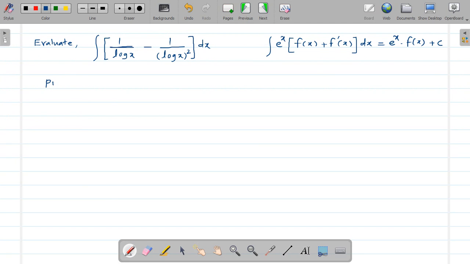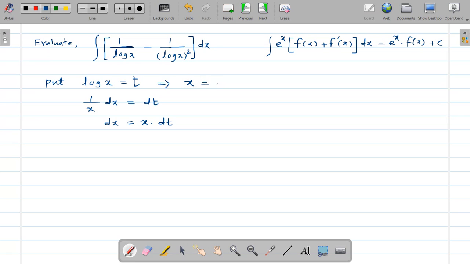So in this case, if I put log x equal to t, then we get 1 upon x dx equal to dt. That means we get dx equal to x into dt. Now as you know that log x is equal to t, what is the value of x?